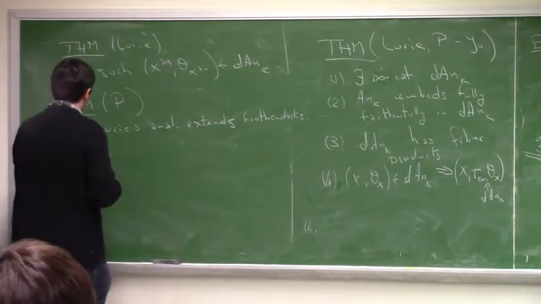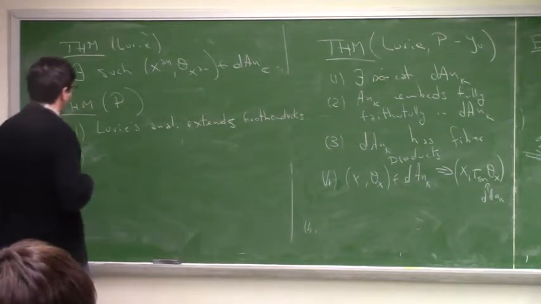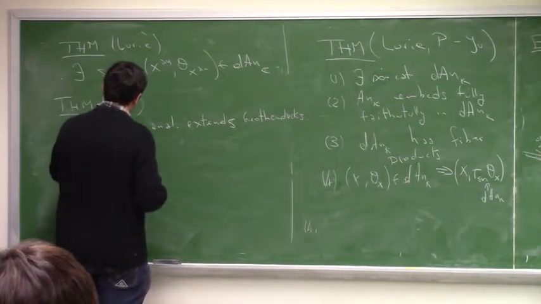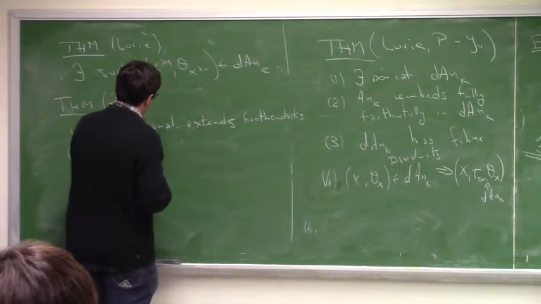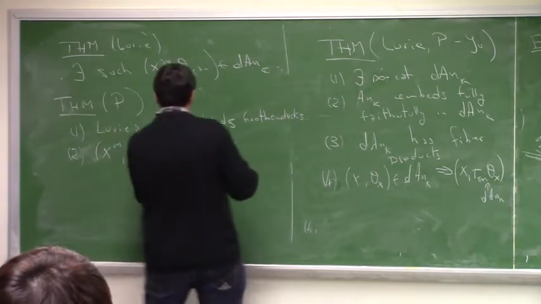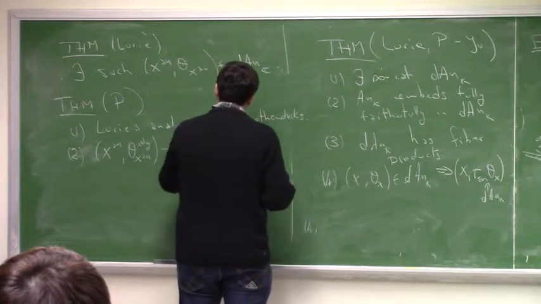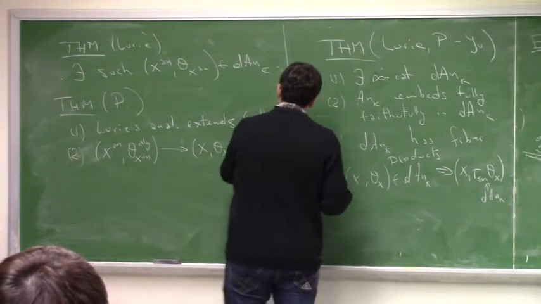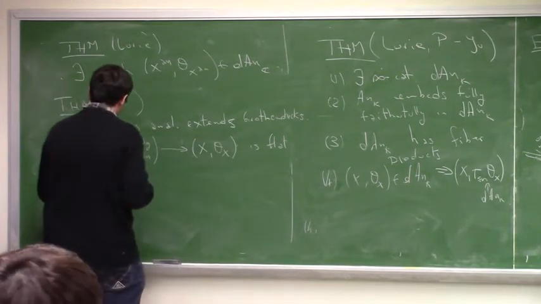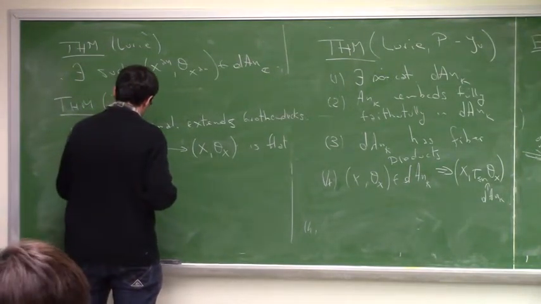Second, a very important property is that the canonical map from the analytification to the original schema is flat in the derived sense, which I'm going to recall.